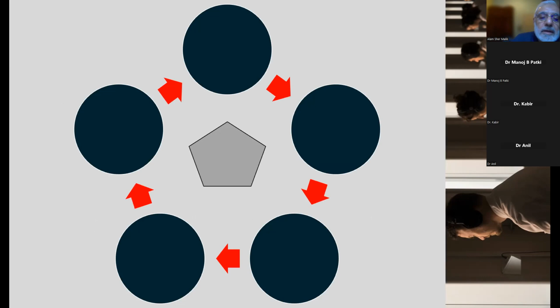This is how it appears: there would be a number of stations, and students would move from one station to another after a fixed time. So every station has the same time and duration. At each station, the student would be examined by the same examiner on the same questions using the same standardized scheme to assess the students.